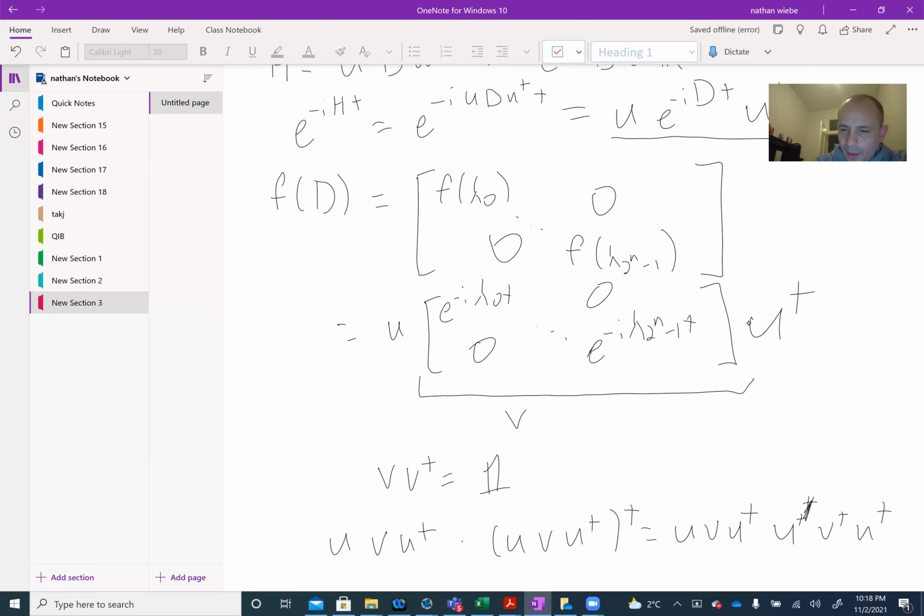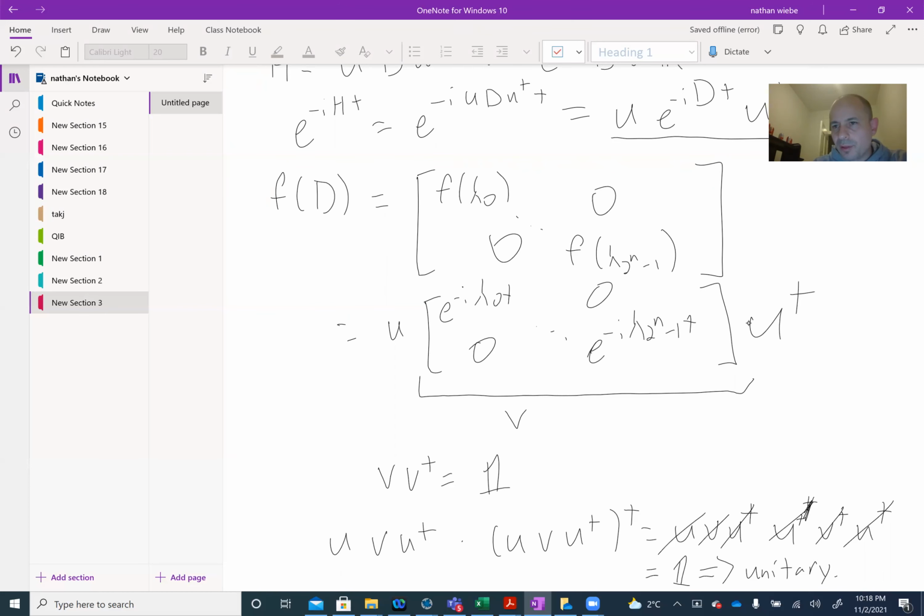So the U's cancel, the V's cancel, and the U and the U dagger cancel. And this is just equal to identity. And this implies that the matrix is unitary.